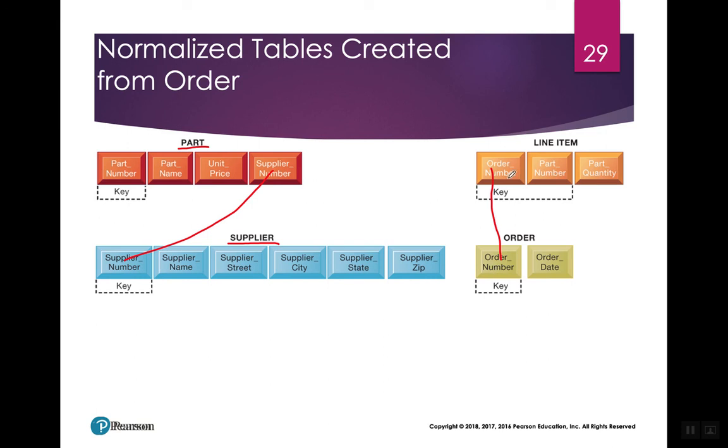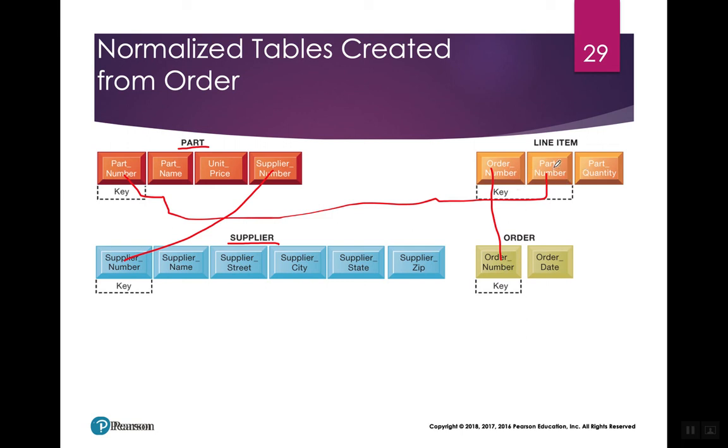All right. And then the next thing I have is a relationship between the line item, the part number, and the part number here. Okay, so in order to add a line, you'd have to create a line item, and whatever I order has to match.